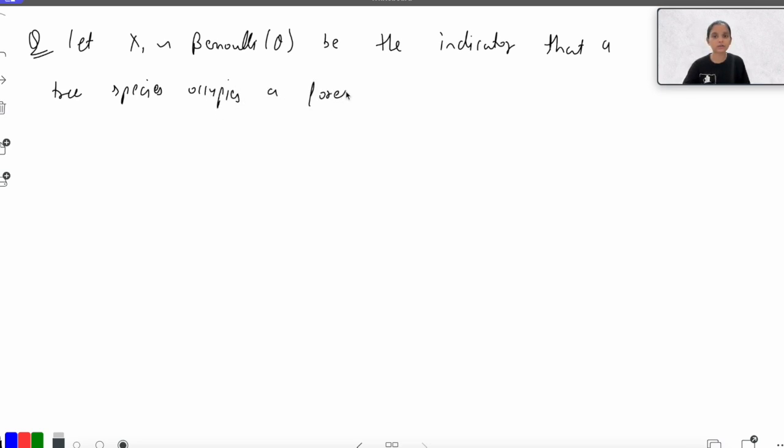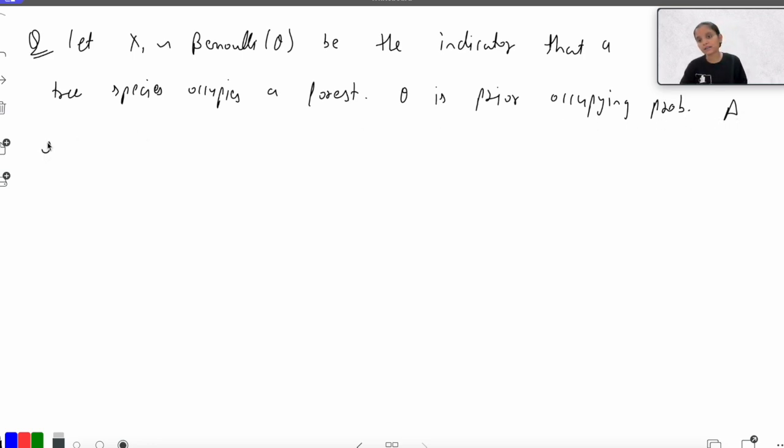X1 is an indicator for this, that a tree species is occupying a forest. Theta is the prior occupying probability. Okay, prior occupying probability. What is the probability that it is occupying a forest?